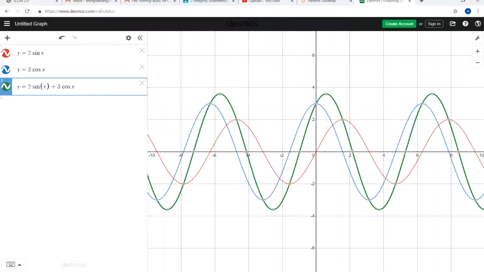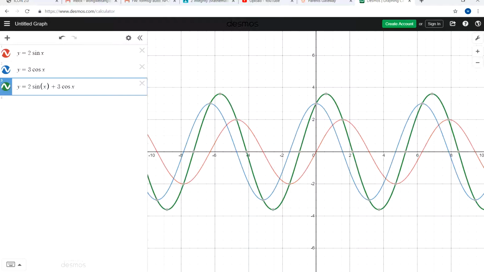It looks like it is actually a sine graph that is shifted to the left. The red color is the sine graph. Can you tell that? How can you tell that? You can go left or right. Oh, okay. Yeah, he's right. You can go left or right, but the shortest distance. If I want to make the smallest change, I take the red graph, I shift it to the left, then it becomes the green graph already.